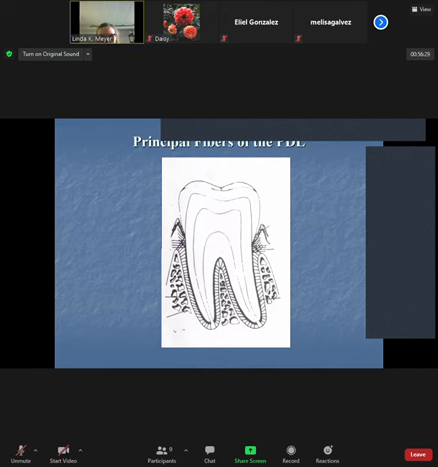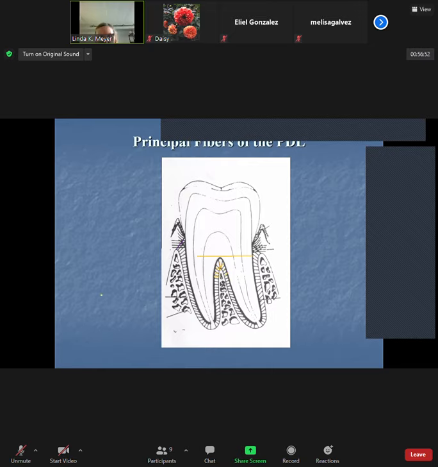Okay, so everybody, you can see there's your bifurcation in the mandibular molar, and in the maxillary molar, there would be a trifurcation. So it's only the fibers right in that area that have this fan-like arrangement.